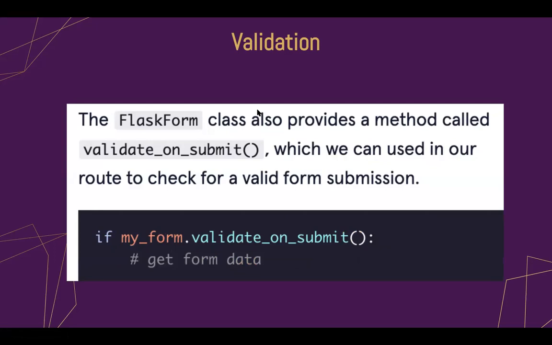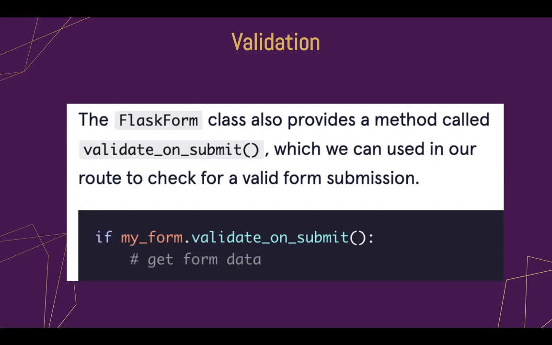So have you noticed, when you're trying to enter somewhere and you're typing in your username and password, and then you click submit and it says, oh, you didn't enter your username, what are you doing? How it notices is that there is a validate on submit. So when you click on submit, it checks if you added everything needed or not.